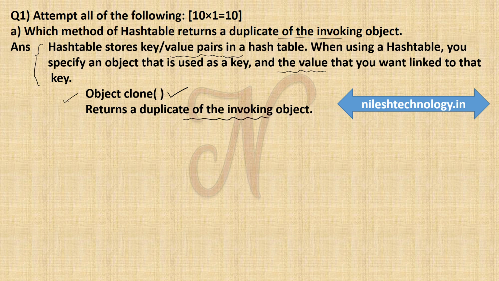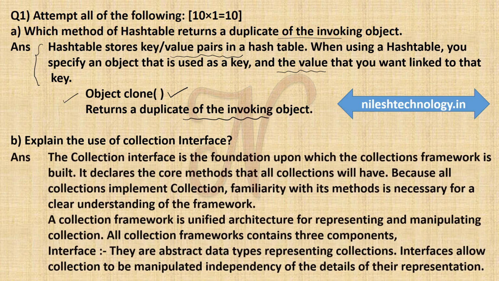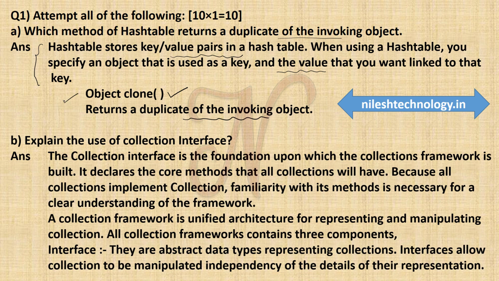Okay. So see the next question: explain the use of a collection interface. The collection interface is the foundation upon which the collection framework is built. It declares the core methods that all collections will have, because all collections implement the collection interface. Familiarity with its methods is necessary for a clear understanding of the framework.